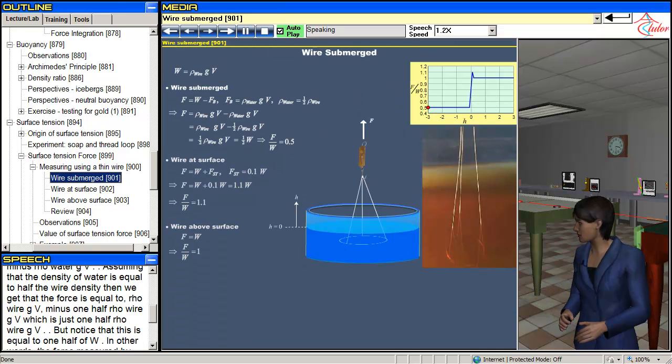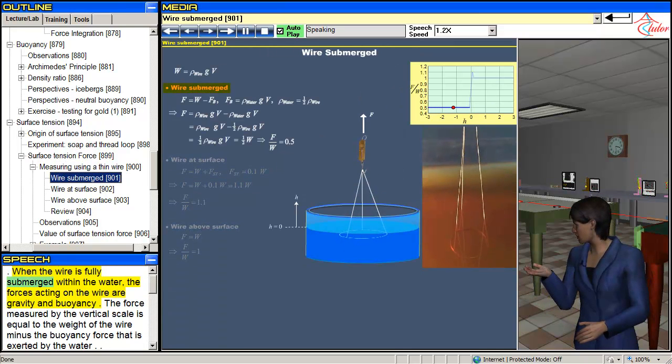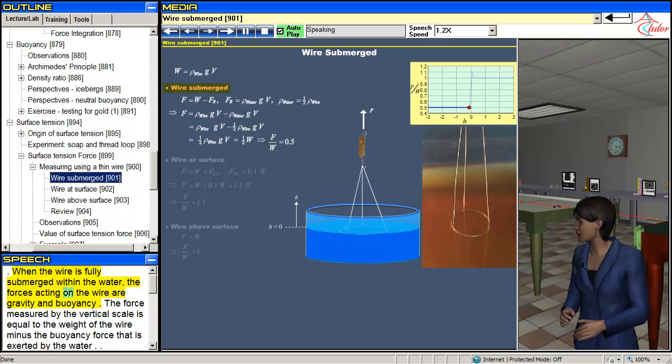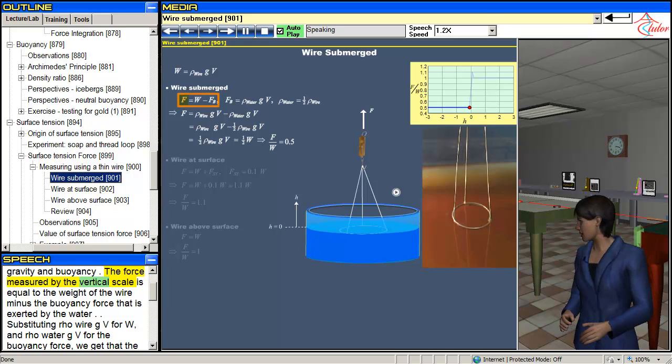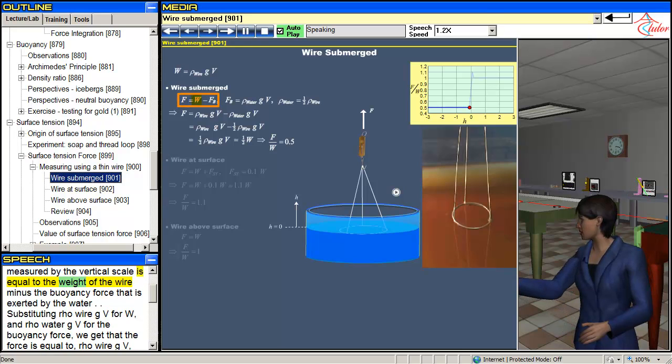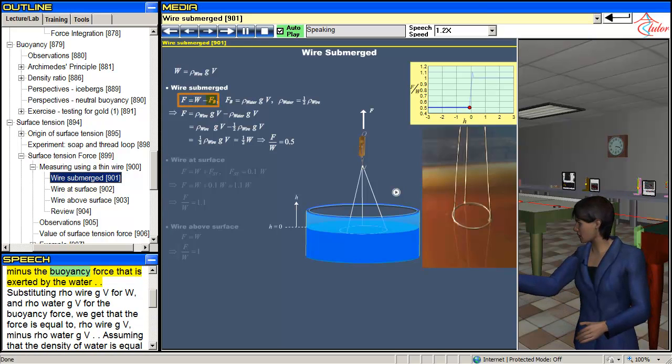When the wire is fully submerged within the water, the forces acting on the wire are gravity and buoyancy. The force measured by the vertical scale is equal to the weight of the wire minus the buoyancy force that is exerted by the water.